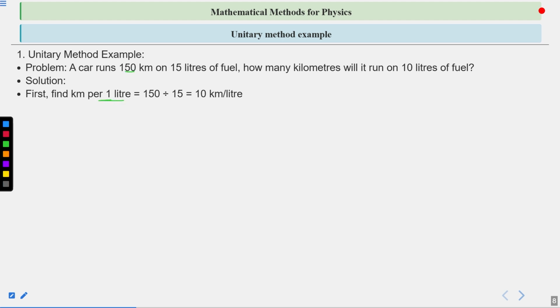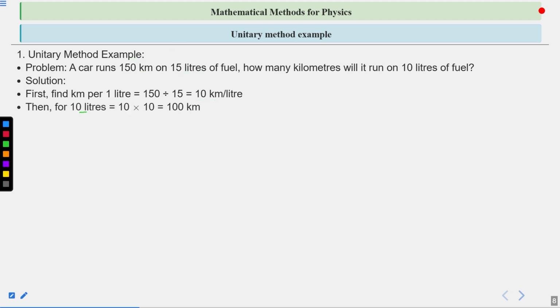Here 150 kilometers in 15 liters. So in 1 liter, how many kilometers? In 1 liter, there are 10 kilometers, 150 divided by 15. Clear?